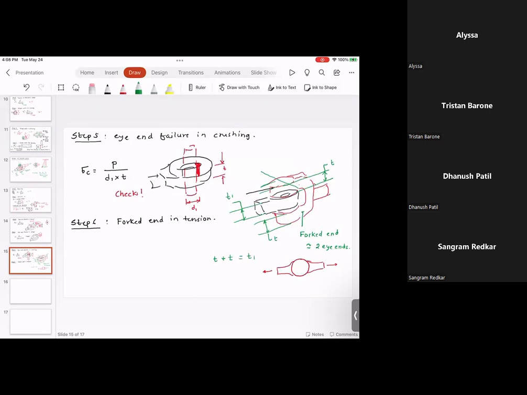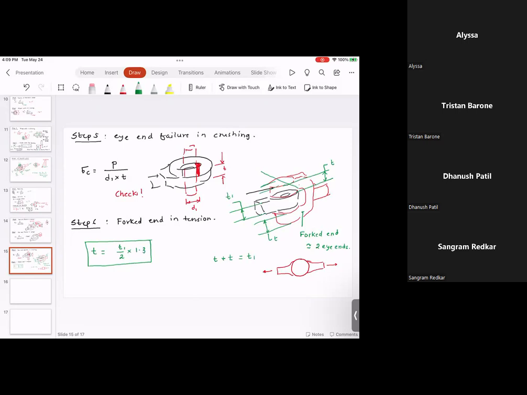But just to be on the safer side, we actually make this T a little bit greater. So I would say T is equal to T1 divided by 2 multiplied by, say, 1.3 times. So this is an approximate relationship that can be used to find out the thicknesses.